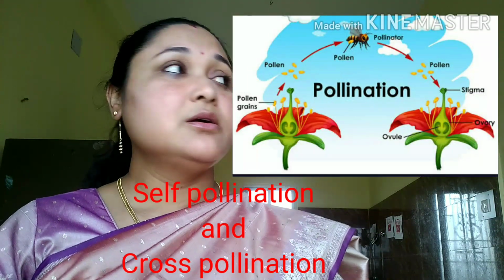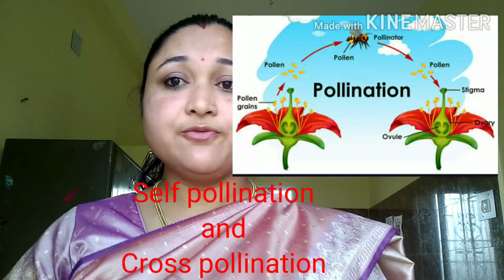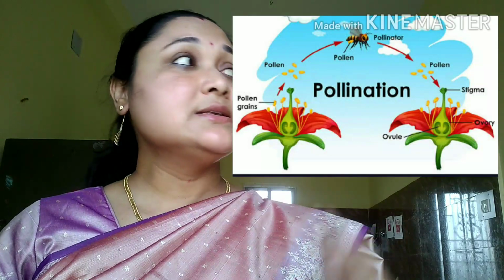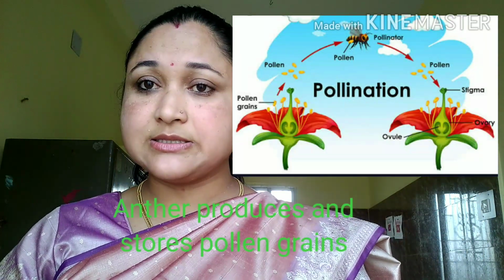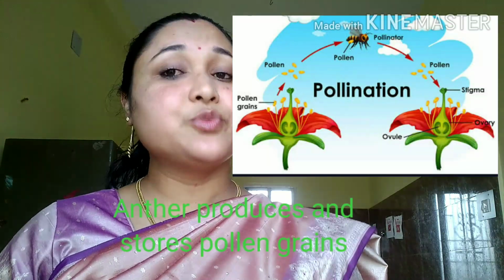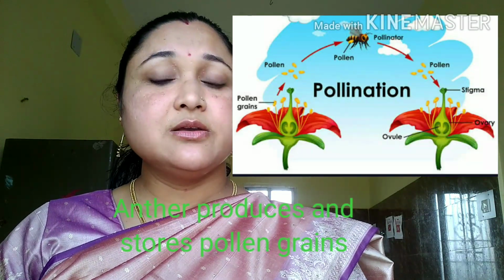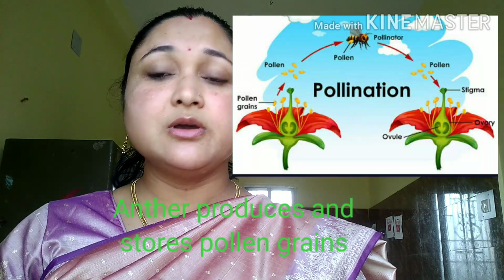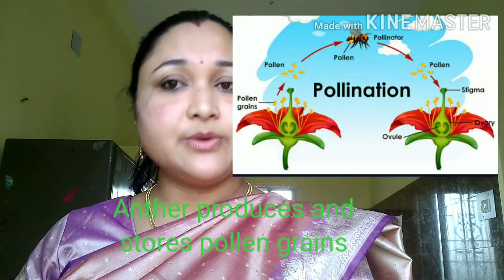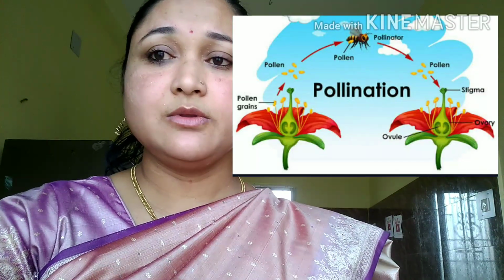Now, the head of the male part of the flower, that is stamen, is known as the anther, which produces pollen grains. The anther produces and stores the pollen grains. After maturation, it bursts open and releases the pollen grains, which are accepted by the stigma.